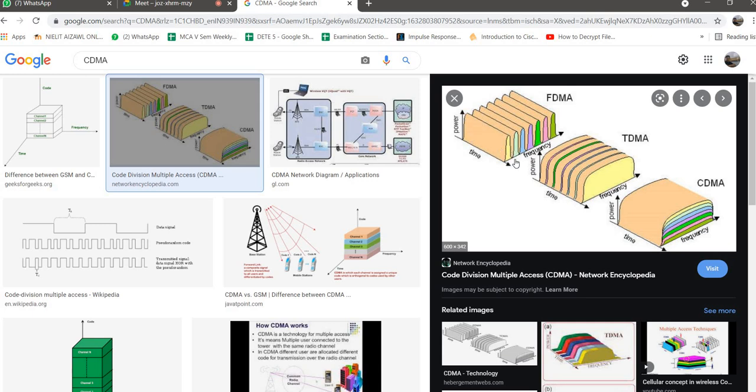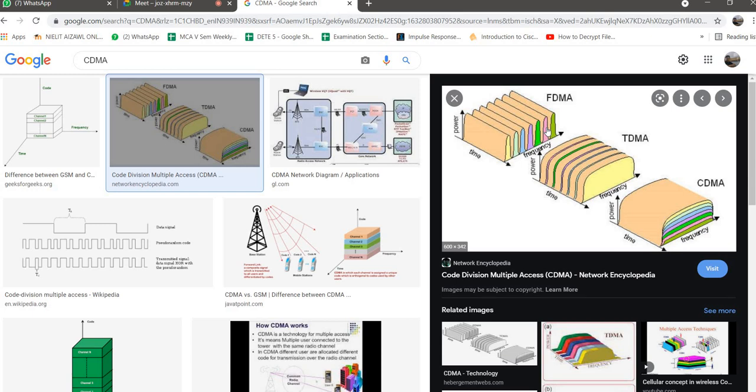In this power axis we have different types of frequencies. At the same time we have multiple frequencies in the channels, so each and every channel has its own communications. But here the allocation of the frequency is very small. Each frequency has a different guard band, and the allocation is very small.